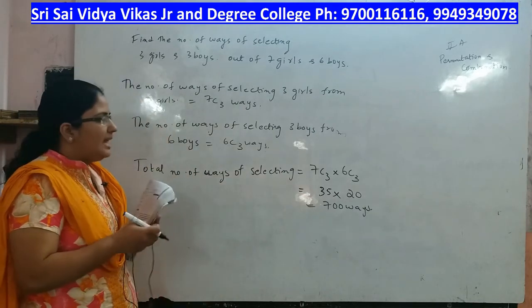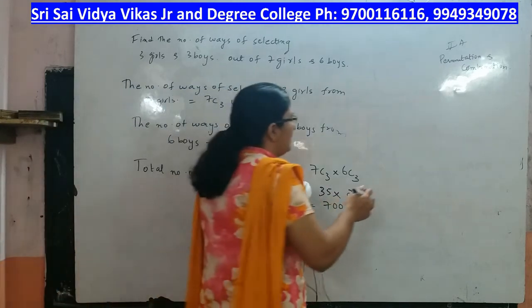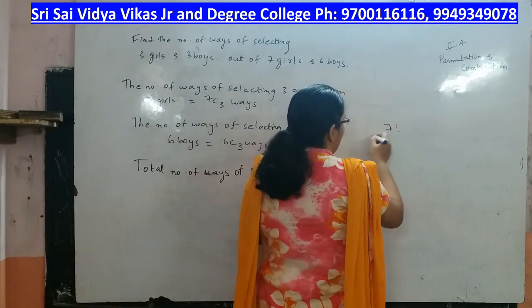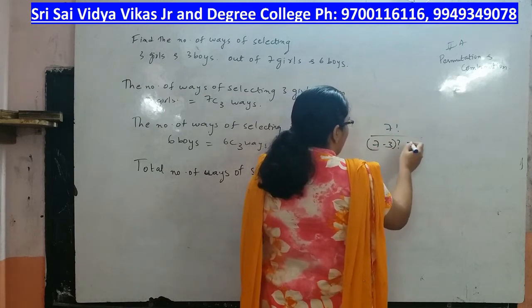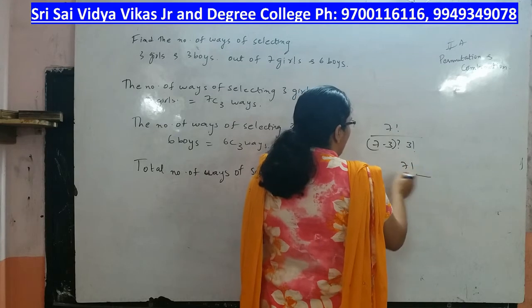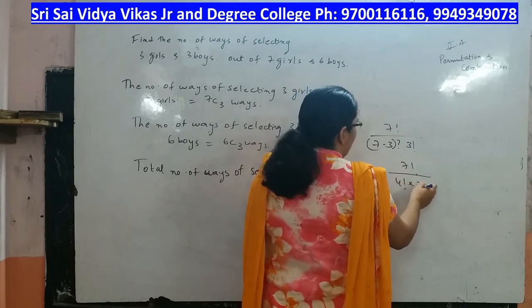Now how to calculate this 7C3? 7C3 can be calculated by 7 factorial by (7 minus 3) factorial into 3 factorial, that is 7 factorial by 4 factorial into 3 factorial.